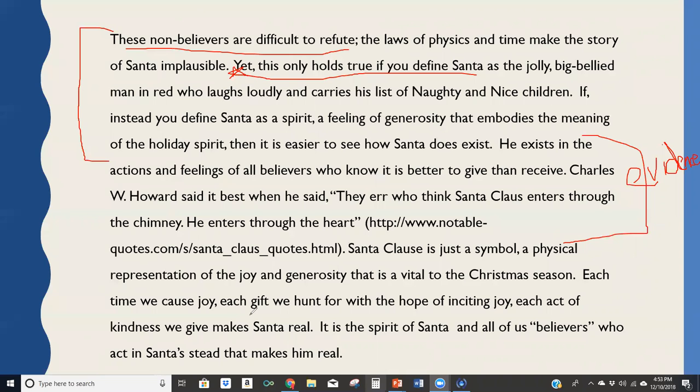So which part of a counterclaim and rebuttal paragraph states the other side? So click yes, or write yes if you would rather type it, for the counterclaim, or no for the rebuttal.